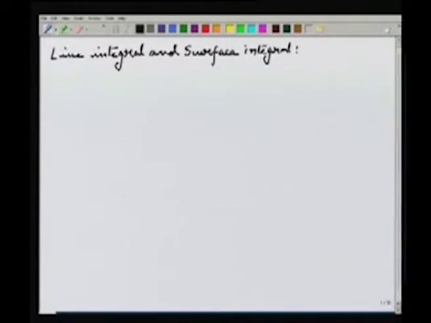In today's lecture, we are going to start discussing line integrals and surface integrals. To start with, we will first deal with line integrals.